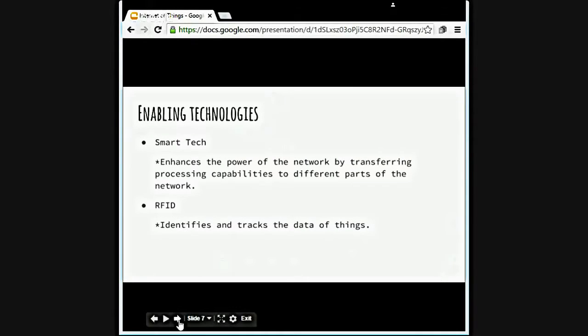Now, enabling technologies, and that's more so of the smart tech, which enhances the power of the network by transferring processing capabilities to different parts of the network. And RFID identifies and tracks the data of things.